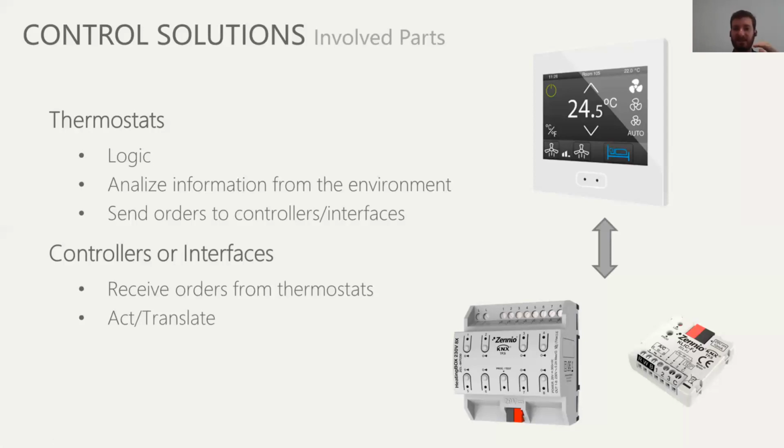But these are basically the two parts involved. We've got a thermostat, which is responsible for analyzing the information and sending the orders. And then we've got the controller or the interface, which is the device actually producing the changes or translating that into any other language.